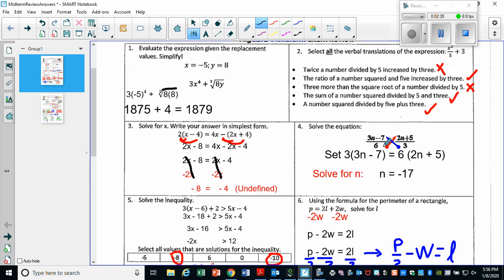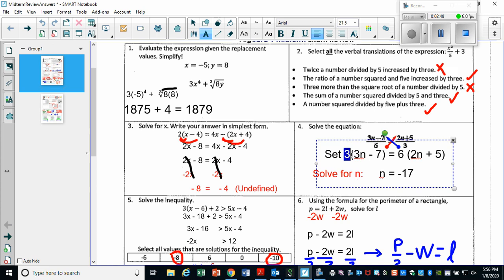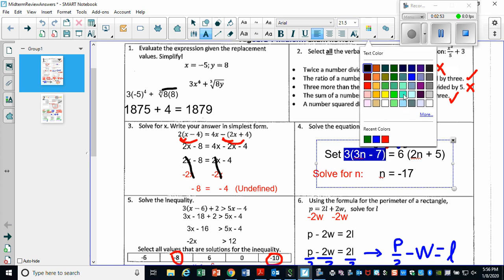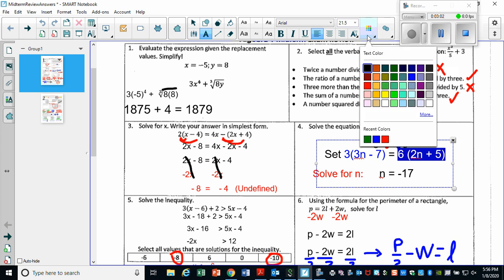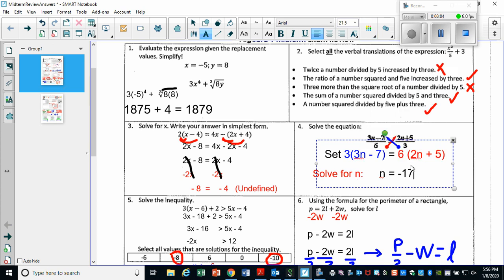Number 4, whenever you see two proportions, do your cross multiplication or diagonal multiplication. So here, in this case, you would be setting 3 times 3n plus 7, which I'm going to highlight in blue, equal to 6 times 2n plus 5, and I'm going to highlight that in red because that represents the arrows.